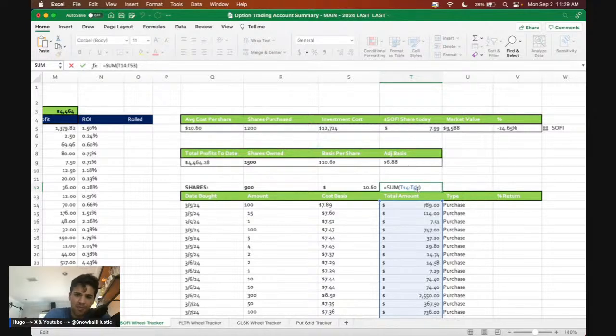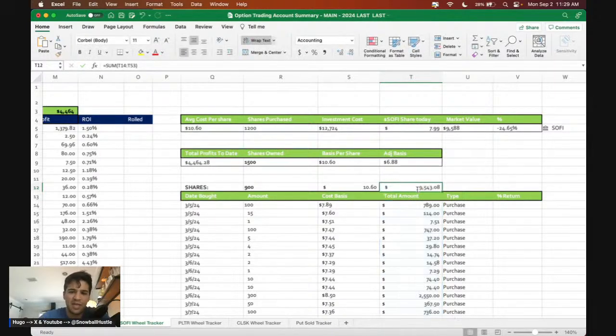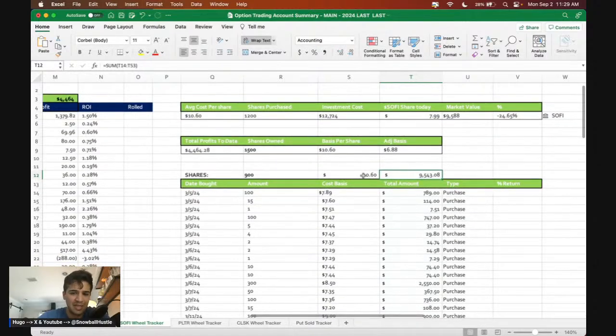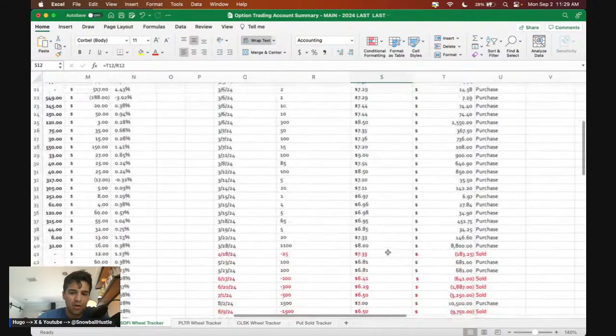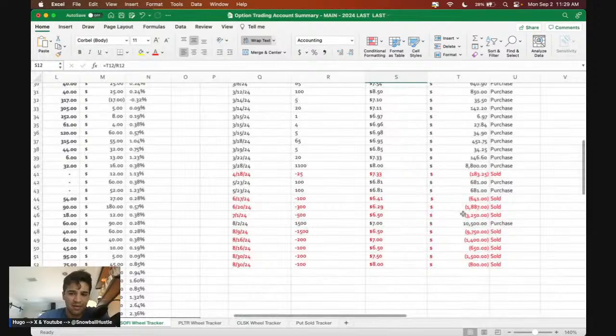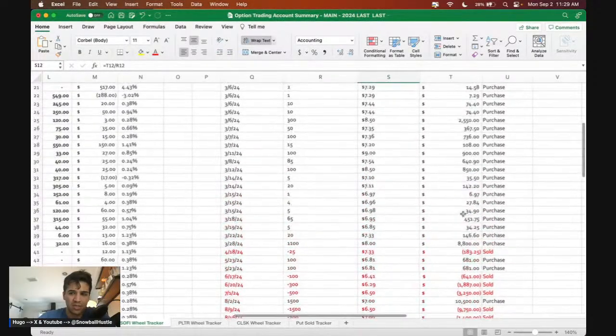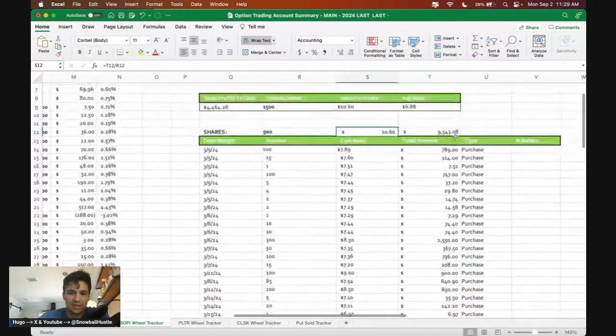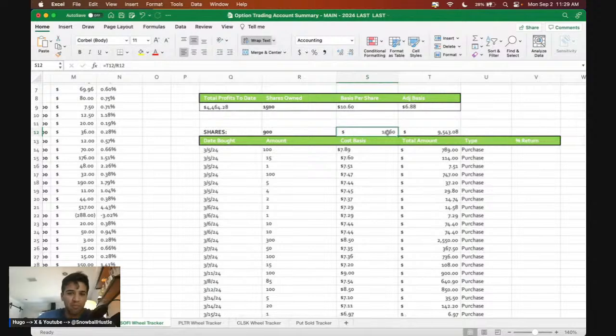Right? Because what this is taking into account is all the losses that I've taken. They're essentially adding those losses to the gains. And this would be sort of my break-even point, if you will.